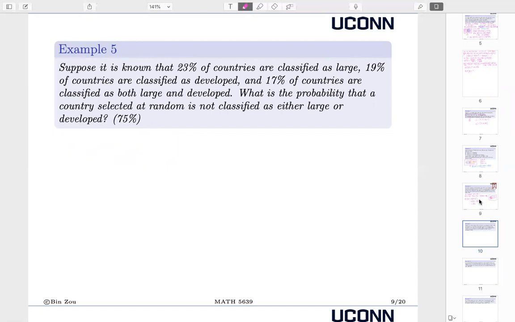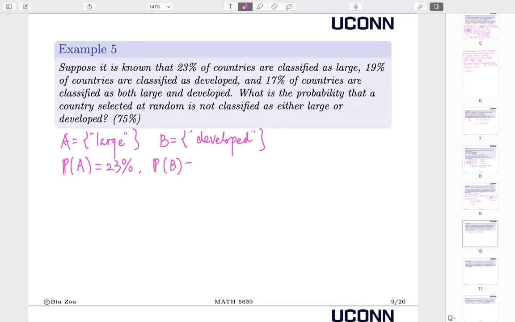So again, we can set A as large, B as developed. Right? So we know P(A) is 23%, P(B) is 19%, and P(A intersect B) is 17%.